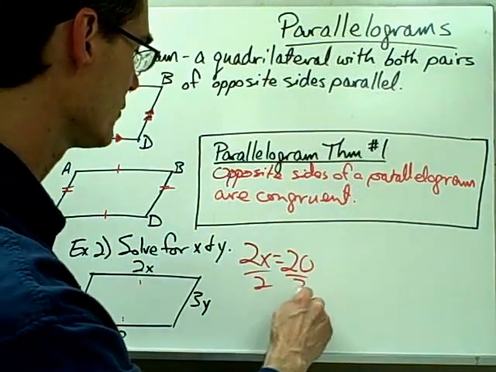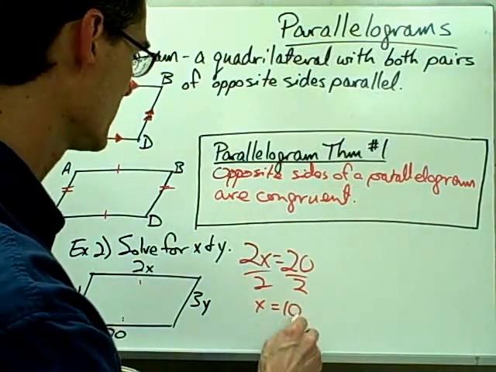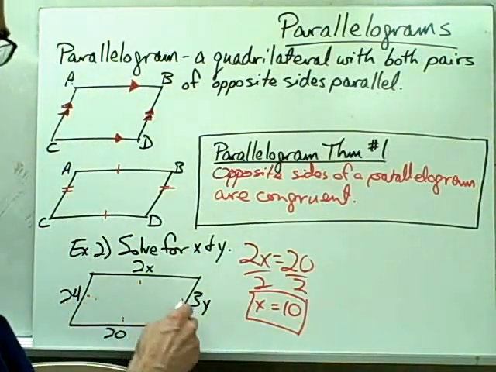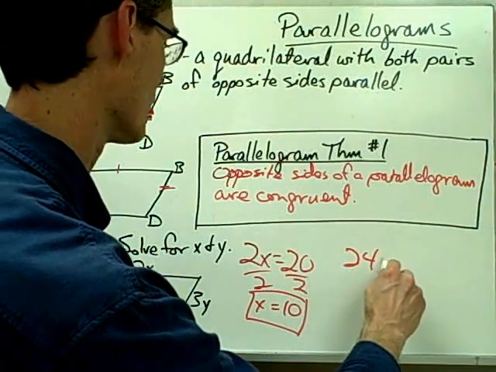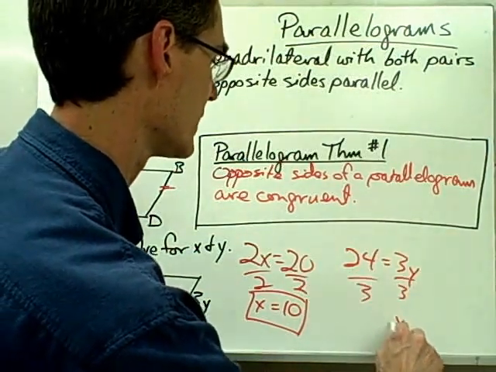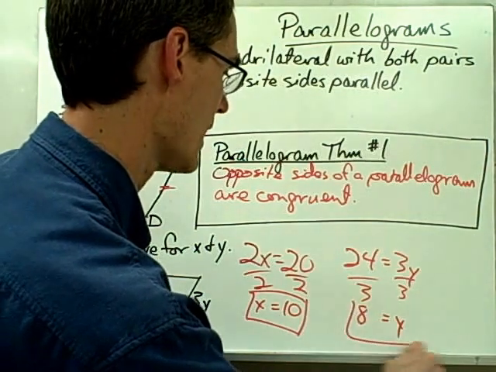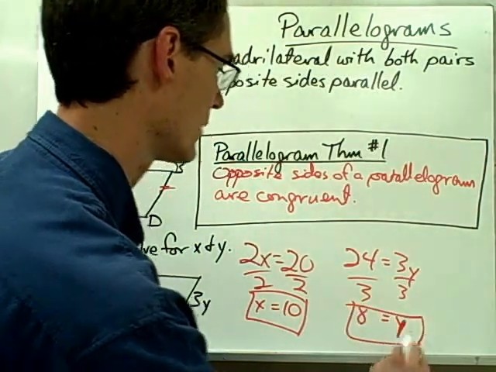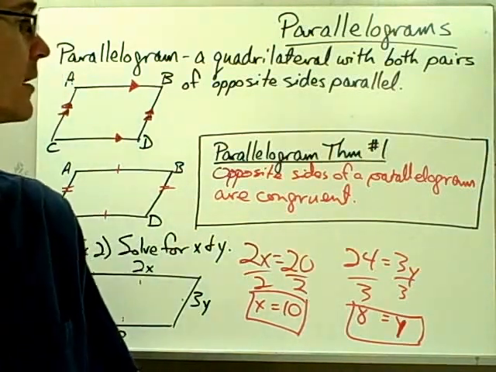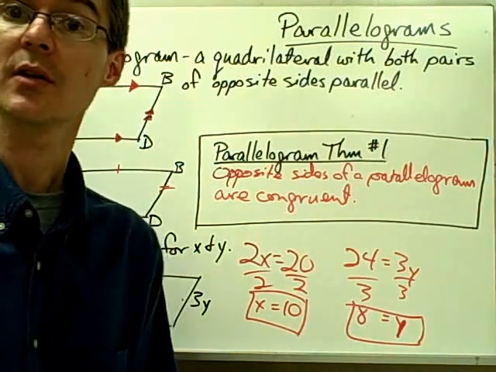Divide both sides by 2, and I get x equals 10. I can also do the same thing here with this pair of opposite sides. 24 equals 3y. Divide both sides by 3, and I get y is equal to 8. And there are a few more examples in there under that parallelogram theorem. I want you to work those out on your own.